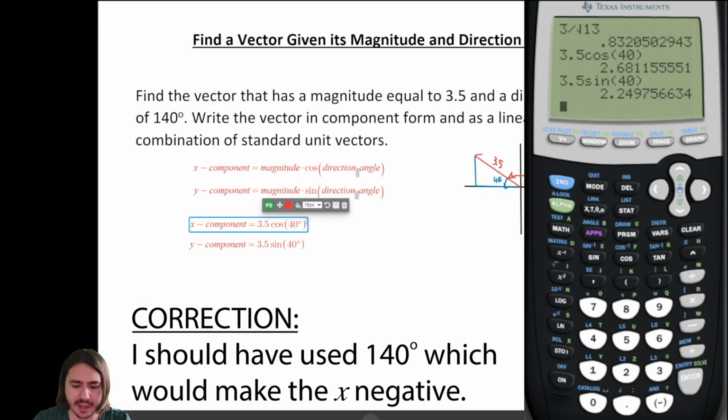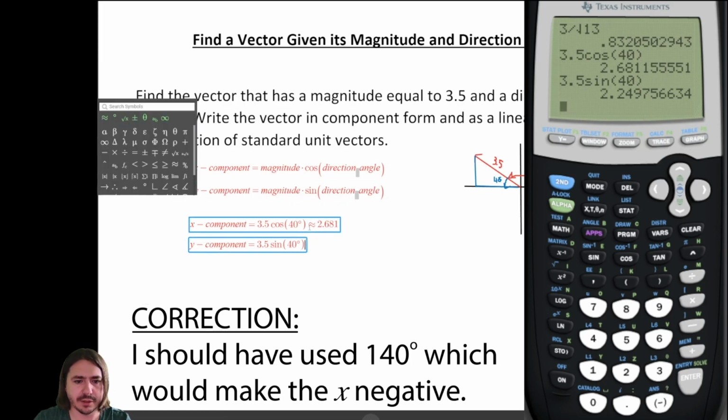So my x component is going to be about 2.681, and that is approximate, so let's be clear about that. And then my y component is about 2.249, which rounds up to 2.250.